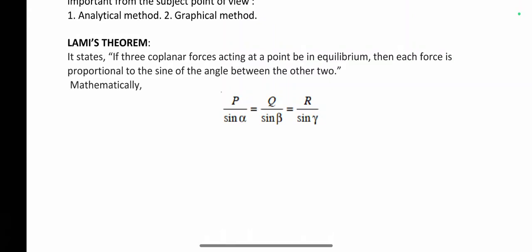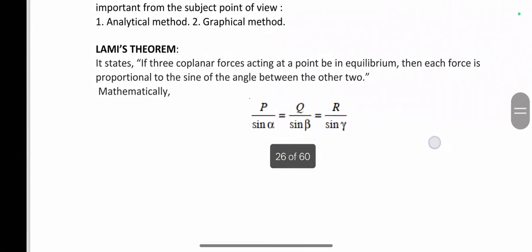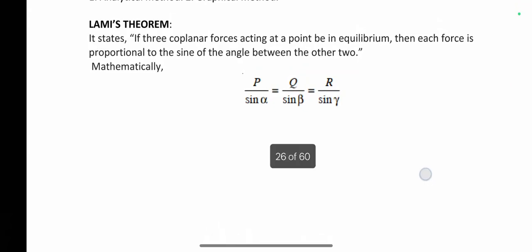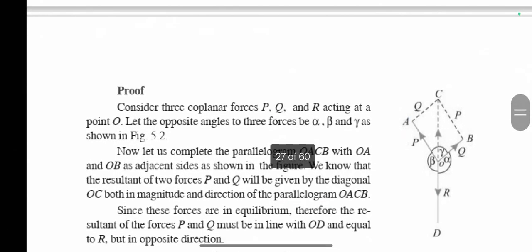Then each force divided by the sine of the angle between the other two forces is a constant. Mathematically, P, Q, R are the forces and alpha, beta, gamma are the angles. The formula is P by sine alpha equals Q by sine beta equals R by sine gamma.